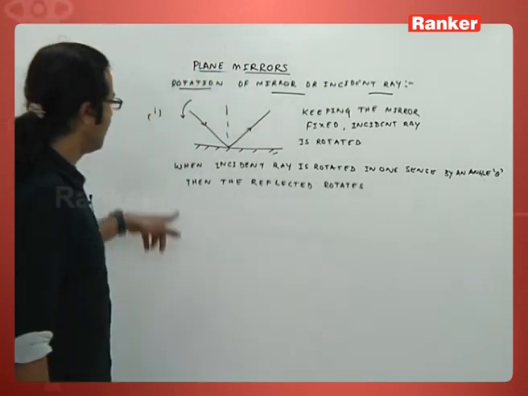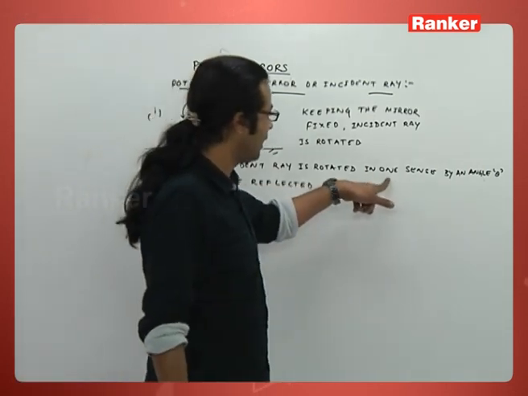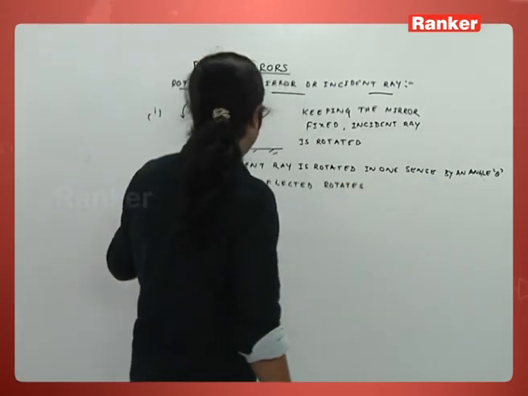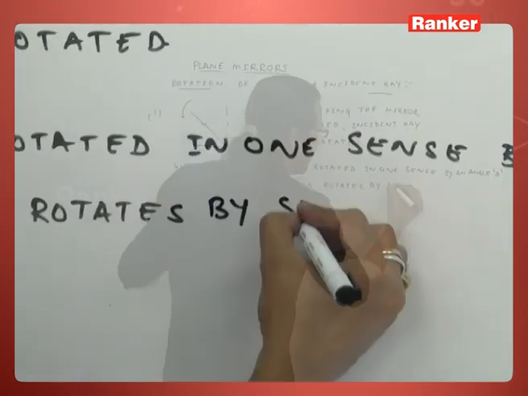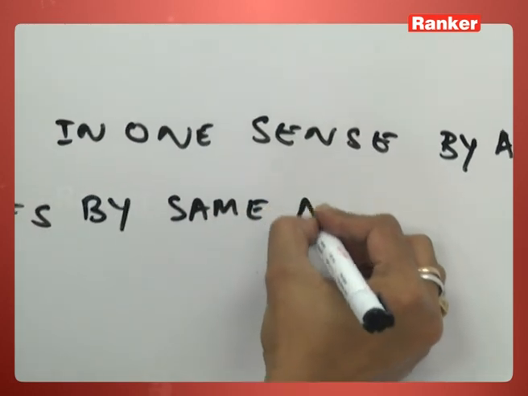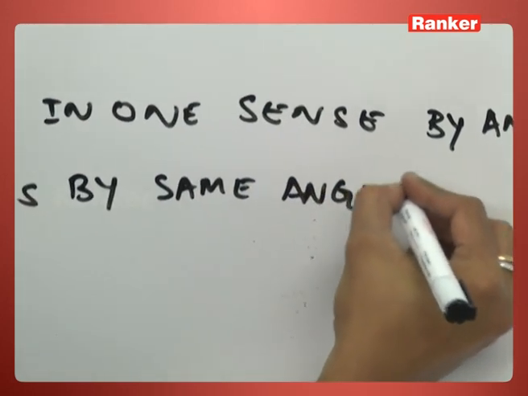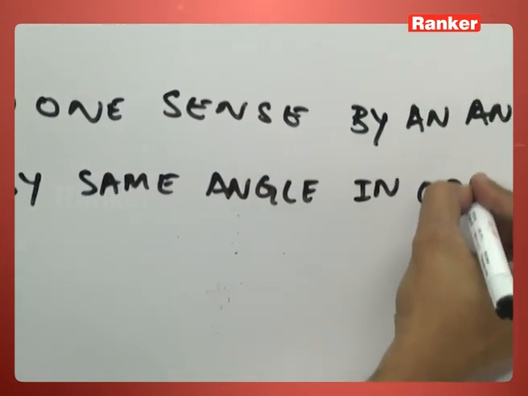So I write here when incident ray is rotated in one sense by an angle theta, then the reflected ray rotates by the same angle in the opposite sense.